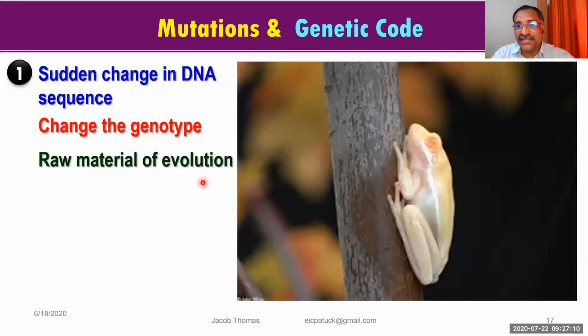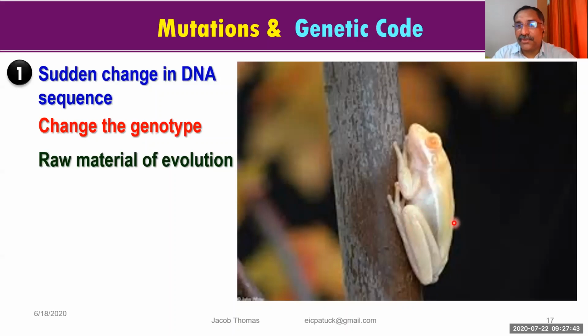You can see that if the tail is continued, that will result in evolution, we can say. Because of mutation, character is changed. So we can see that any kind of mutation which is occurring, due to mutation, the character may change. And if the character is changing generation after generation, you can say that that is the raw material for evolution. So now you see this frog, you know the color of the frog.